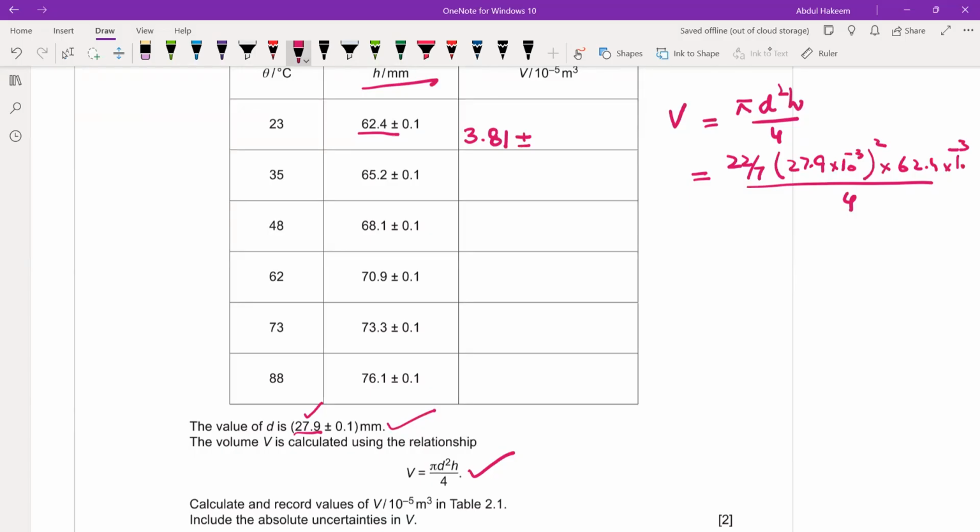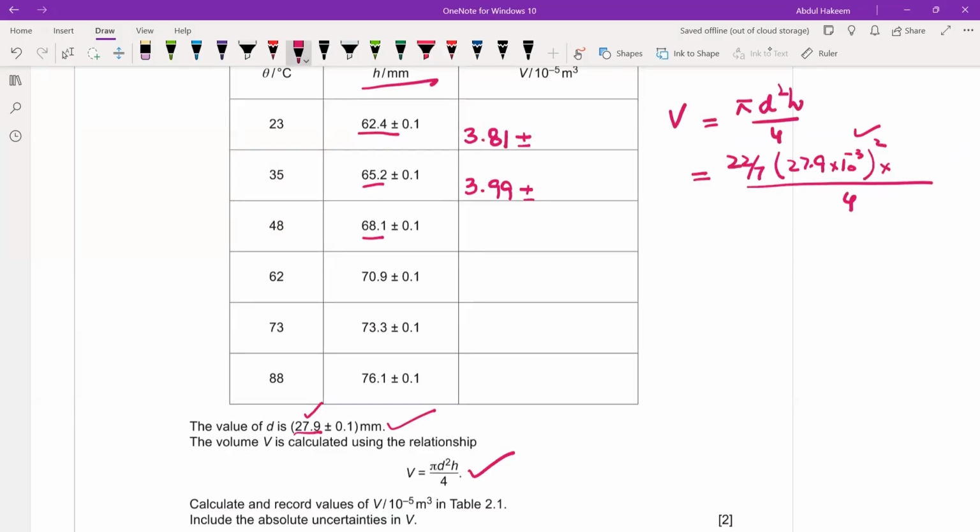We will use the same value, 27.9 into 10 power minus 3 here, but we will change this value of h. For this, it is 62.5, so we will write 62.5 into 10 power minus 3. After calculation, the answer is 3.99. For the rest, the value of d will remain the same and we will change h.